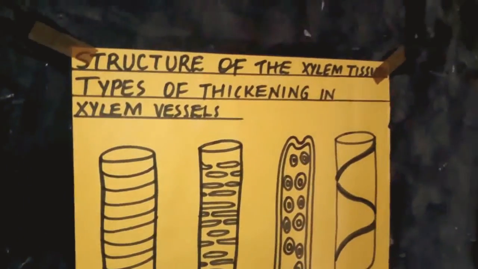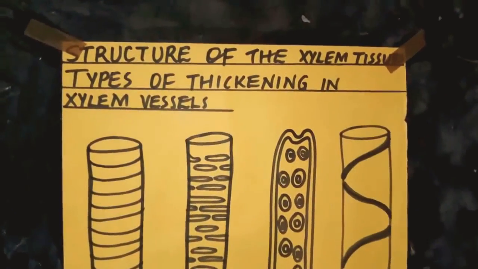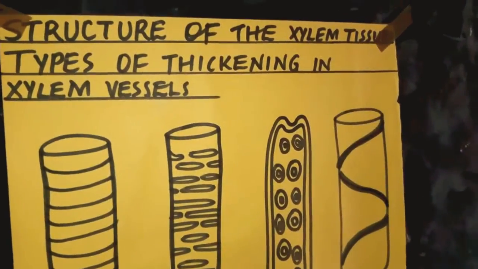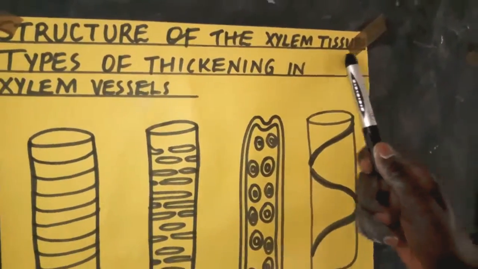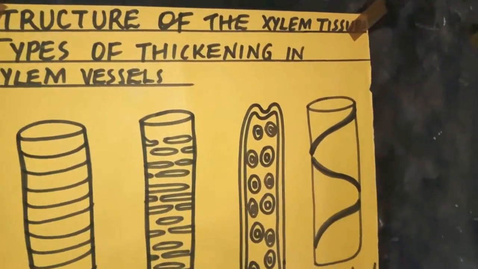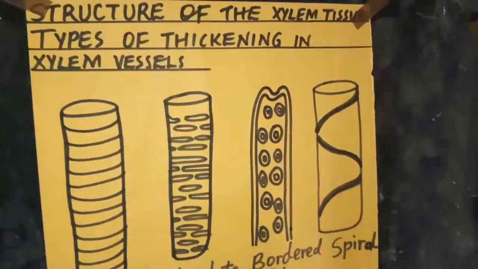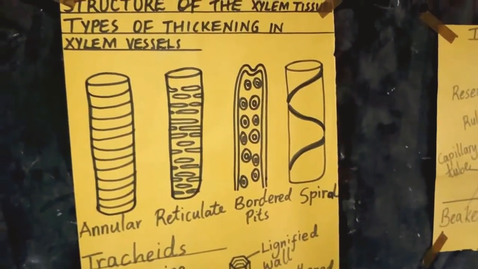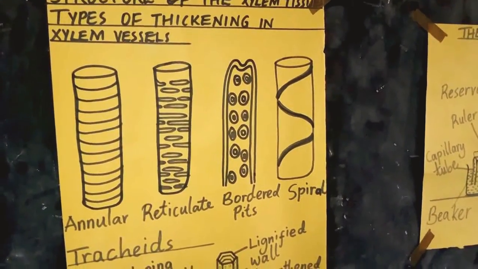We are going to talk about the structure of the xylem tissue. Remember, xylem tissues are very important because they are the ones that aid in transportation of water and mineral salt throughout the plant.